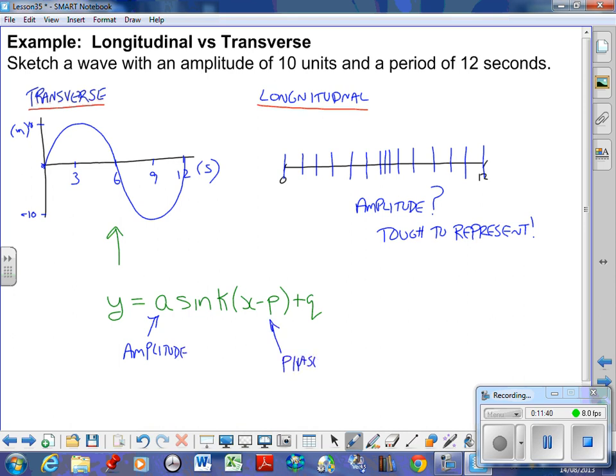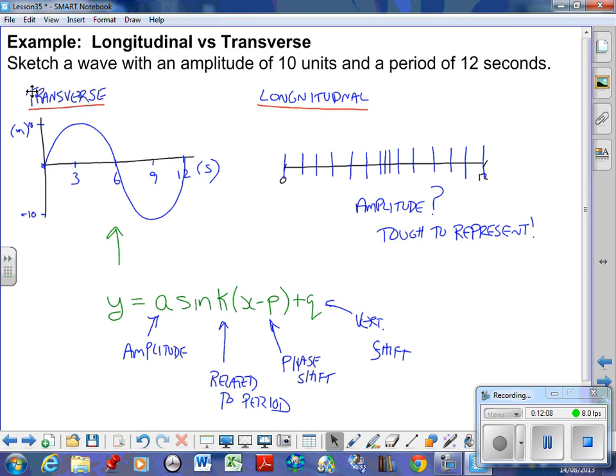And this is the vertical shift. And k is related to your period. So it allows you to incorporate all the information and represent it with an equation, and then you can model and manipulate. So very nice to have it in the transverse.